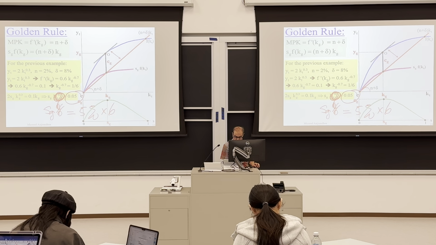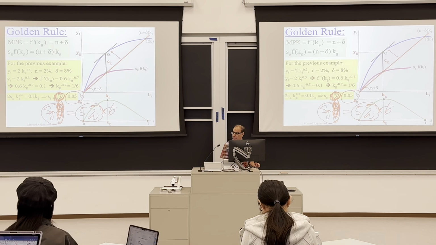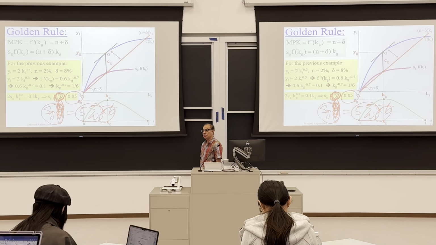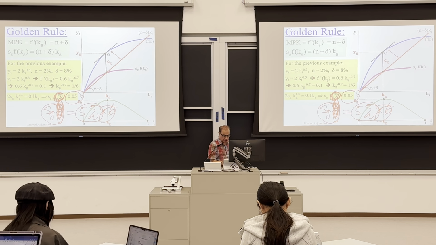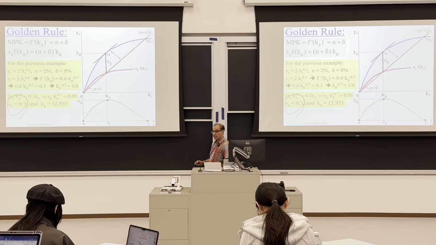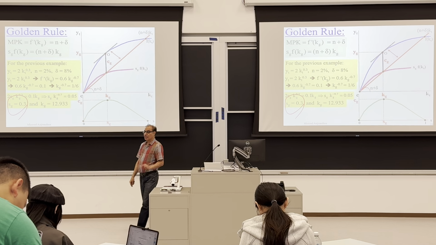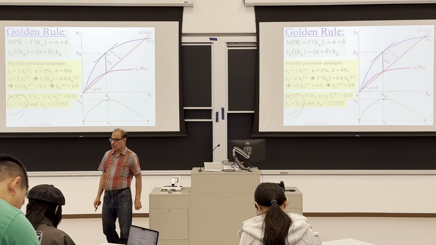Multiply both sides by 6. So this would be 1, and SG is 5% times 6, which would be how much? 30%. So let me write it here nicely. SG is 30%. So for this economy, the golden rule saving rate, which maximizes consumption, is 30%.